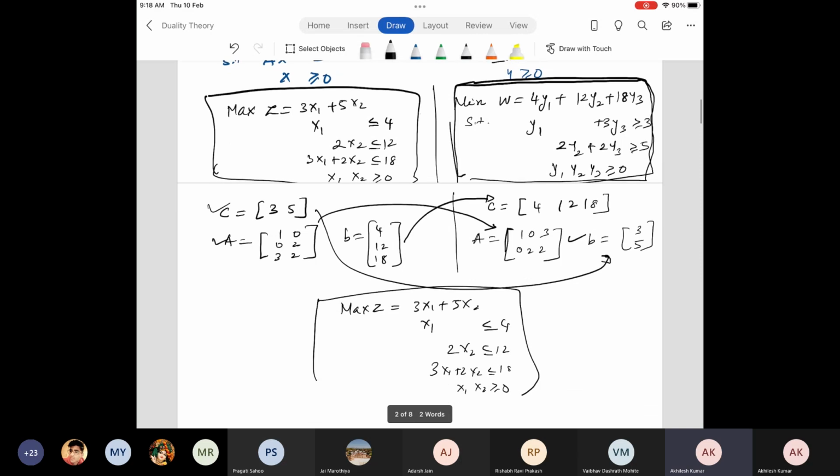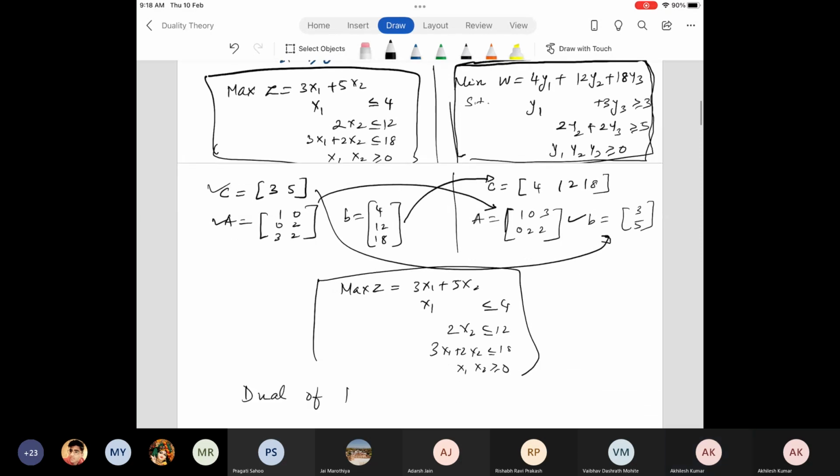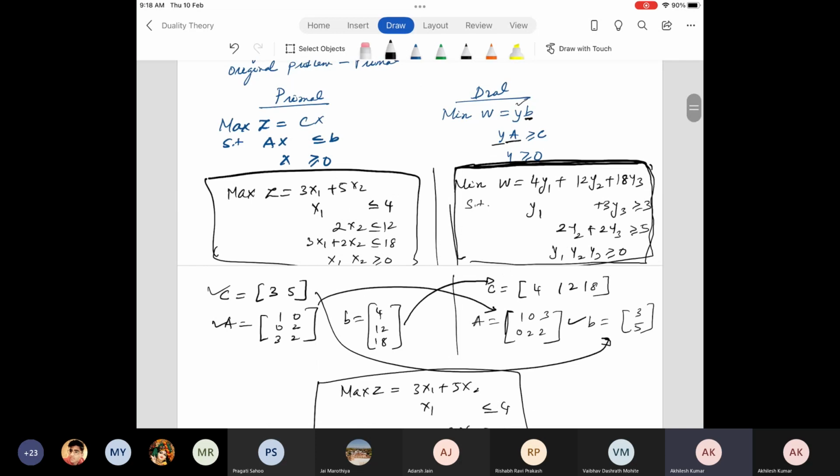So can we say dual of dual is primal? Yes, dual of dual is primal. The person who has got this as the original problem, for him, this is the dual problem.